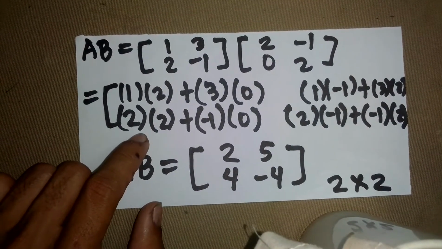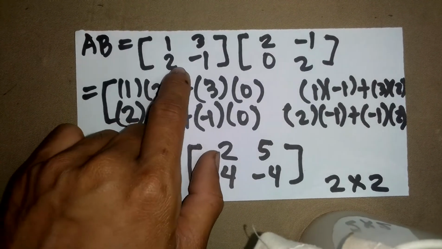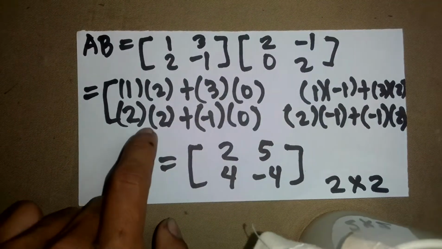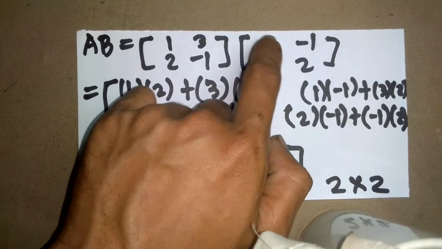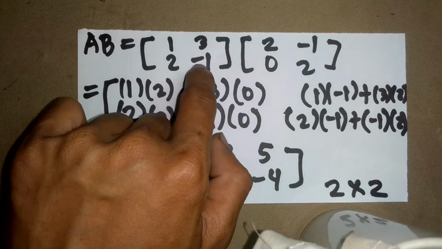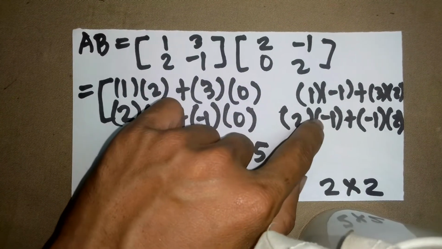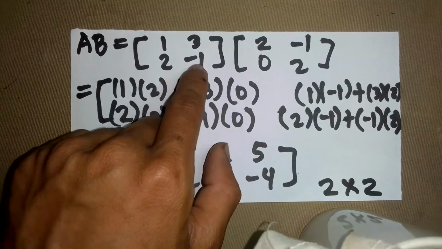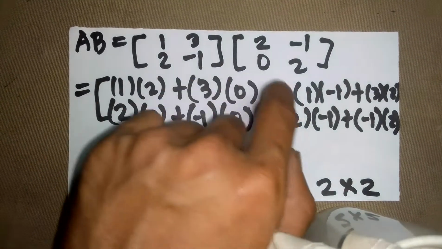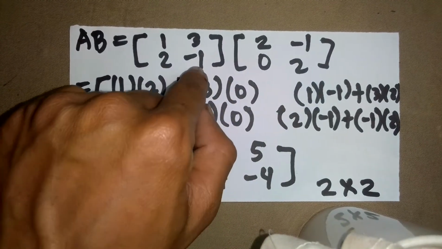For this second row, first column, we multiply 2 and 2, and negative 1 and 0. For the last element, we multiply 2, negative 1, and we add.